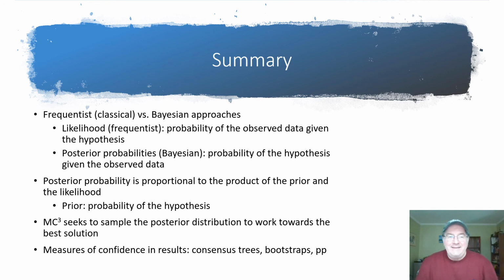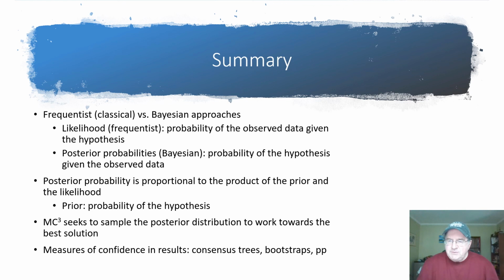Because we can't get those posterior distributions for all trees, this is a mechanism to, if it's appropriately designed, hopefully randomly sample from that posterior distribution to find the best trees, the highest mountains in that particular likelihood landscape that you have. And then we have different methods of measuring confidence in our result.